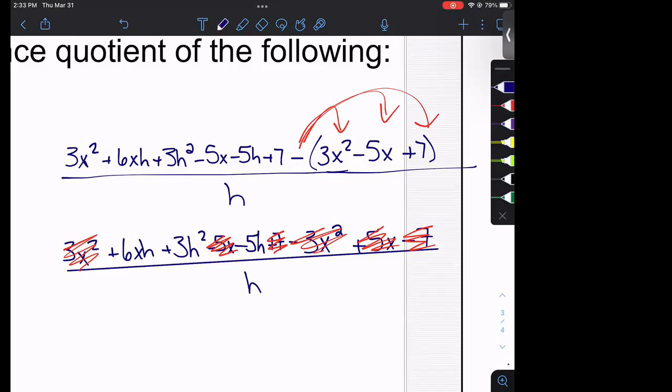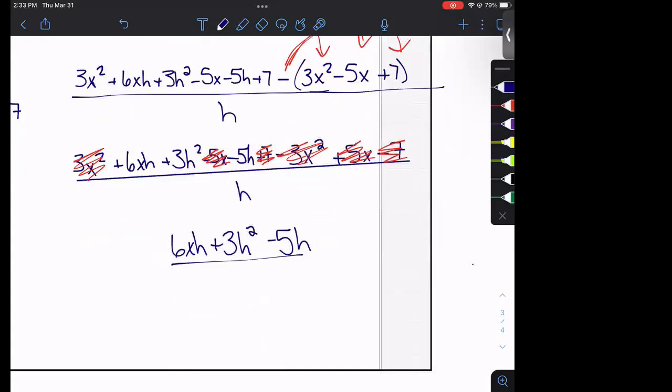So if I go across the top, I now have 6xh plus 3h squared minus 5h, all divided by h. And at this point, we have all the terms in the numerator with a common factor of h. So we're going to factor an h out. That's going to leave us with 6x plus 3h minus 5, all divided by h.